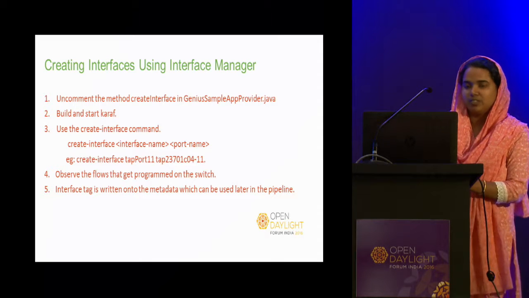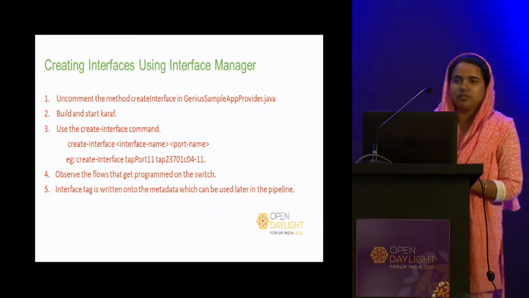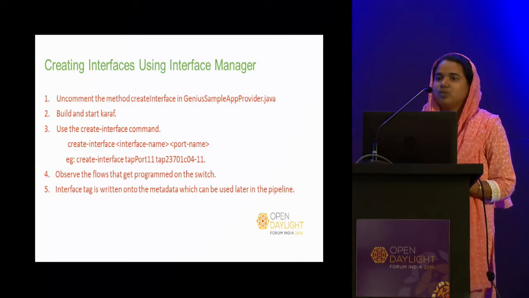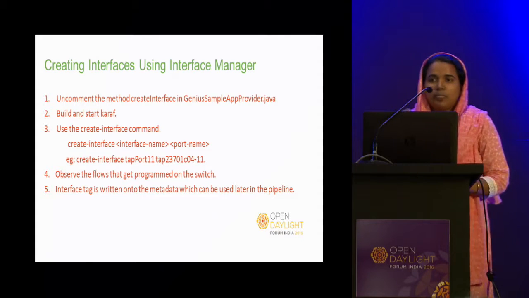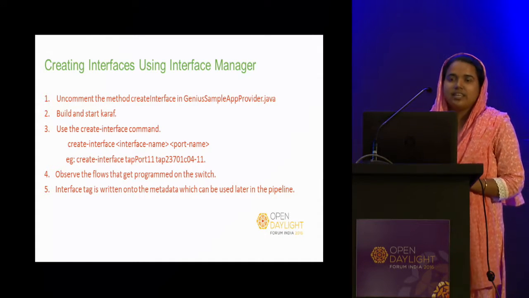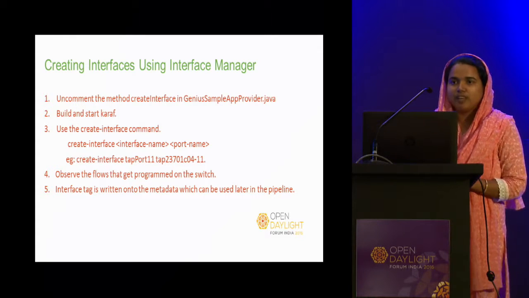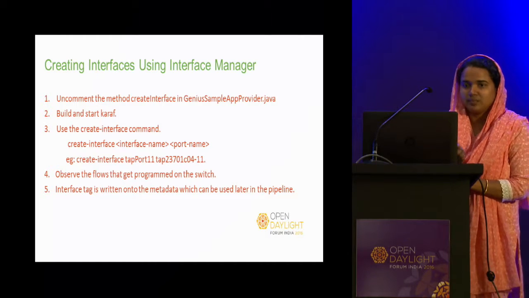Actually, you can specify a lot more parameters, like what kind of interface you want, either a trunk interface, a trunk member interface, or a VXLAN or GRE interface, everything you can specify. Here you will do create interface only. The interface manager will internally generate a unique tag for that interface. That is what is called the interface tag.